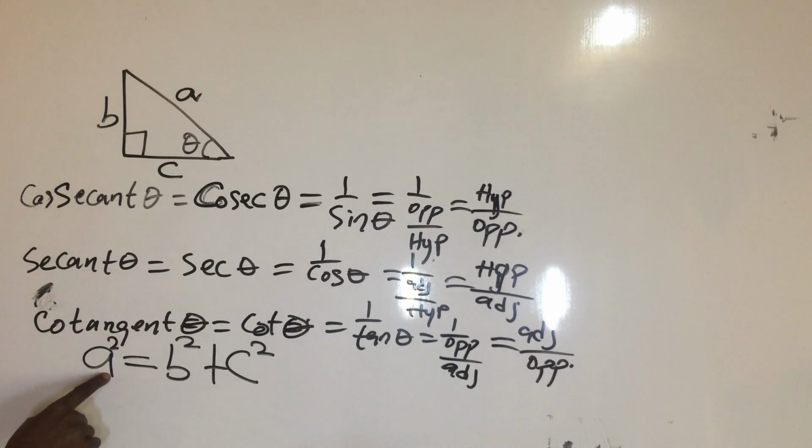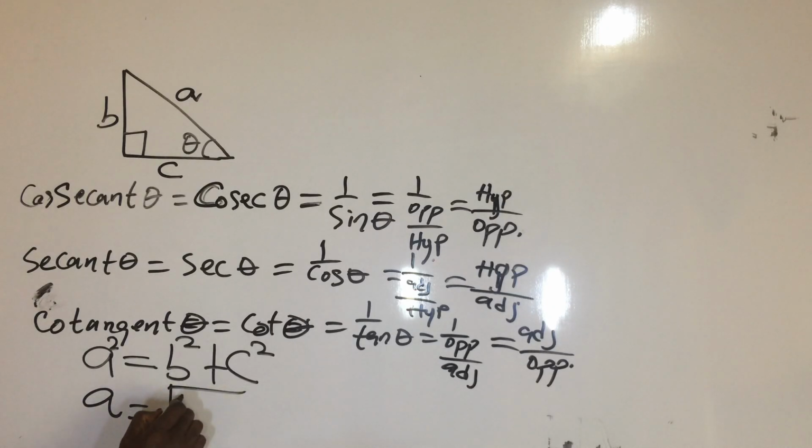Making A the subject of the formula, we now say A equals the square root of B squared plus C squared.